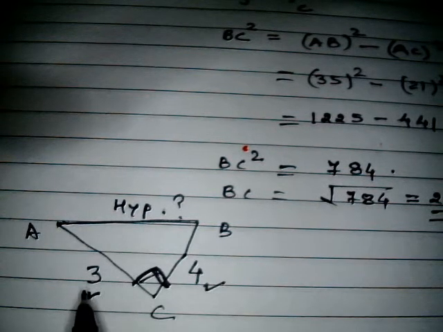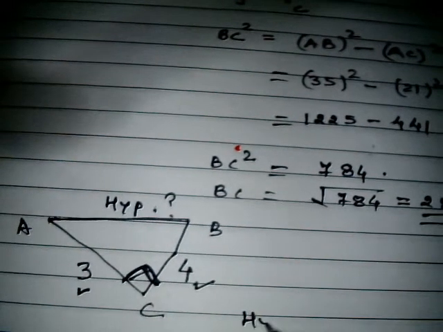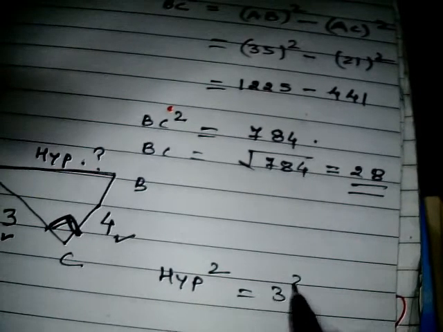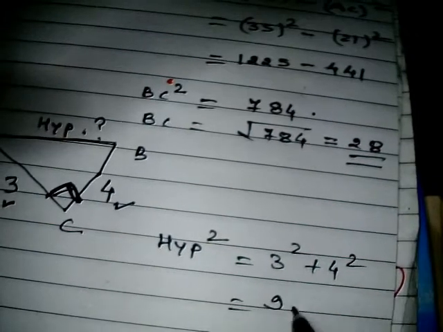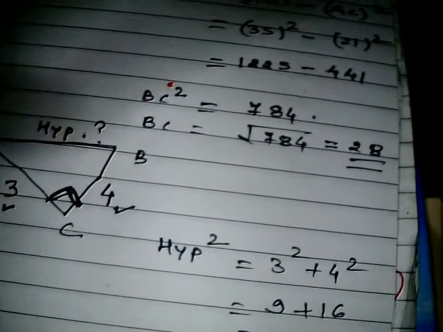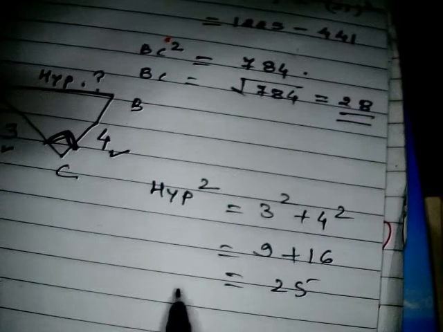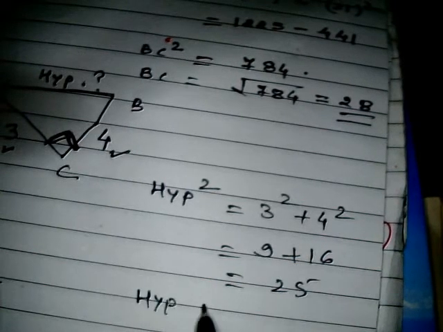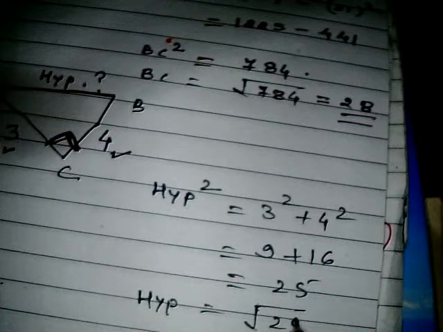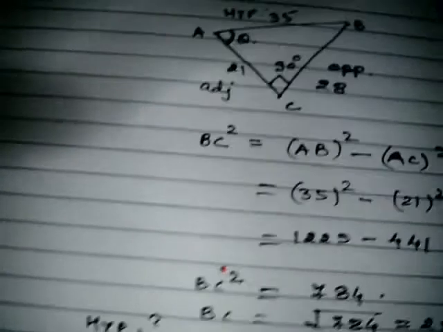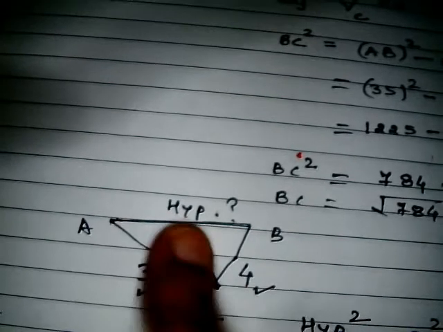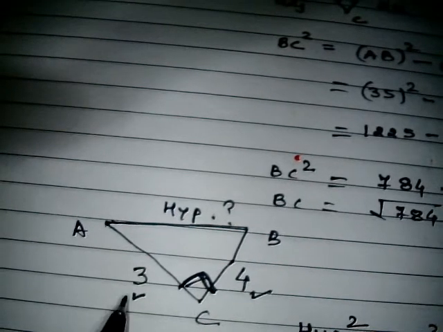So I am going to calculate over here. Hypotenuse square equals, I am going to write directly, 3 square plus 4 square. 3 square is 9 and 4 square is 16, that is going to be 25, and I need to calculate the square root. So hypotenuse equals the square root of 25, that is going to be 5. So keep in your mind, if you need to calculate the hypotenuse, you square the sides which are given, add them, and find the square root of that number.